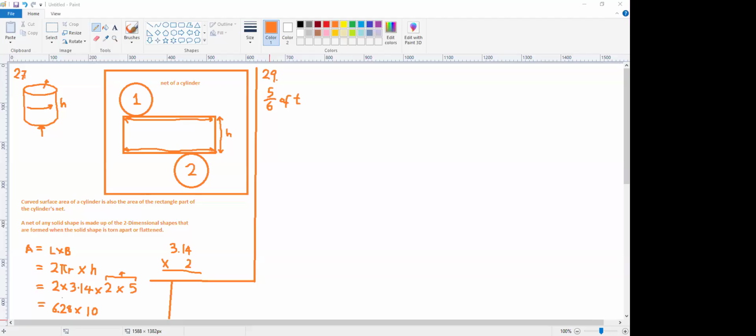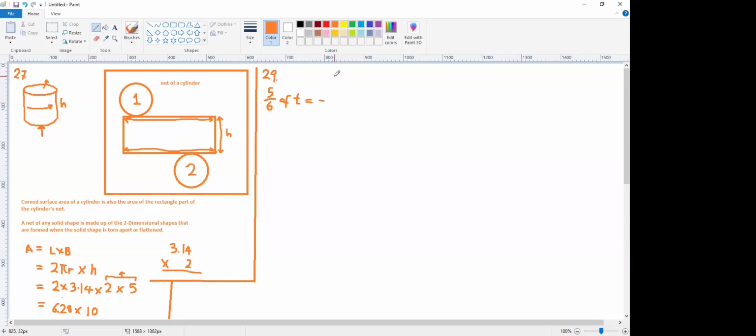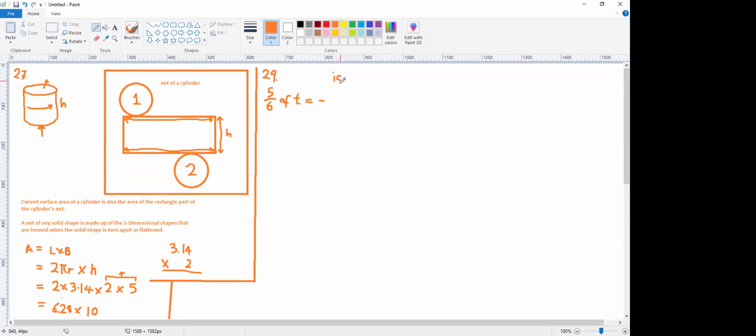Good. Now that is in mathematics is represented as equal to. What did I say? Please write this down in your book. I'm not writing it down for fun. Is, let me put it in quotation mark. Is means equals to.